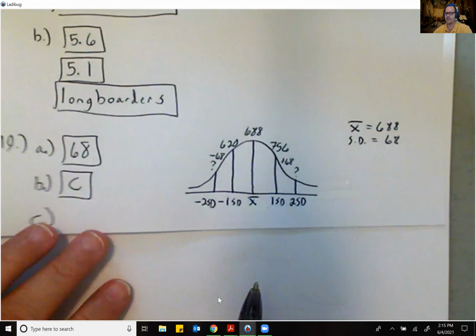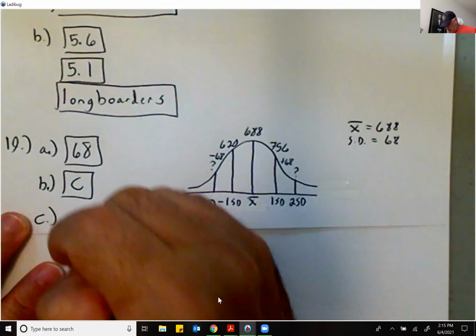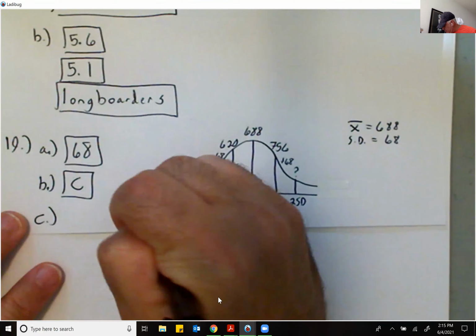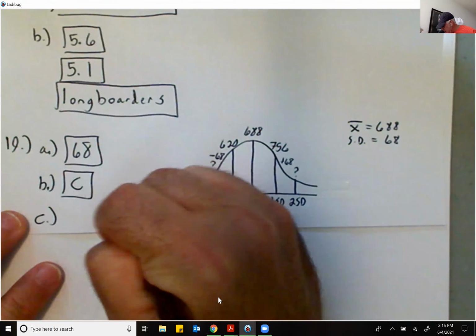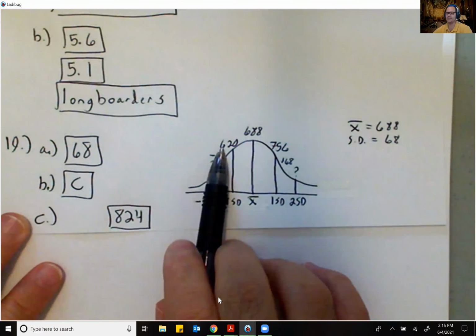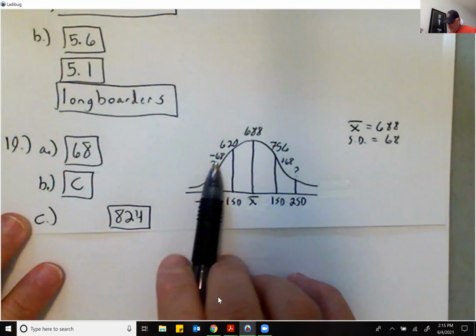So what were those numbers again? 556 and 824. I like the 824. Check your 556 again. 620 minus 68 is 488? No, I'm sorry. Our low value there is 620. Take 620 minus 68, which is 552.